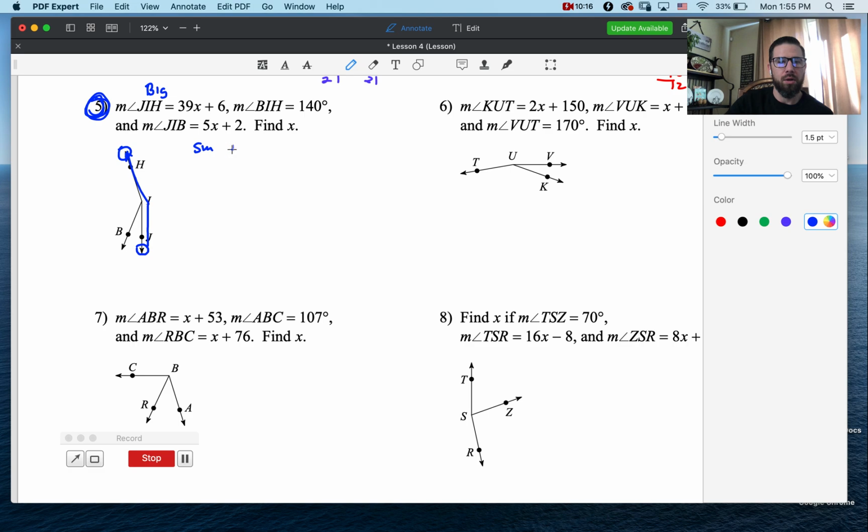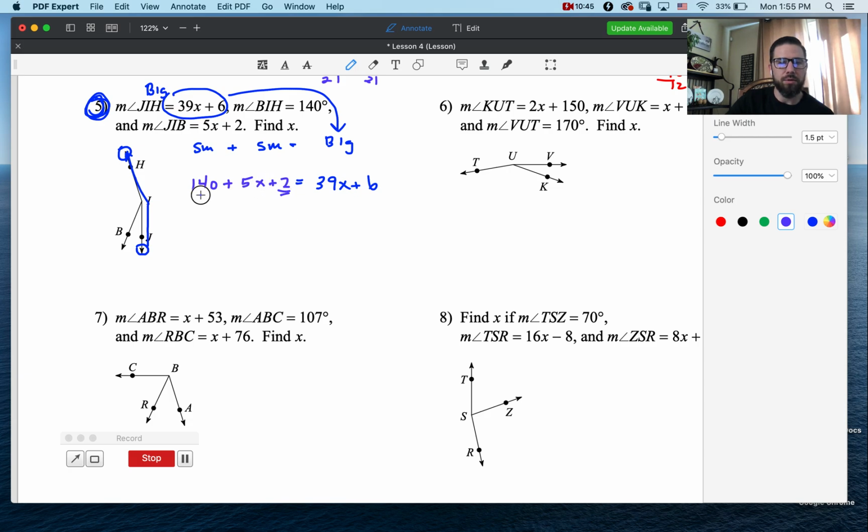Remember, we're going to go small plus small equals big. So this piece right here is going over with our big. So we're going to say, okay, 39x plus 6, which means the other two pieces of information are the small angles. So we have 140 is one piece of information, and 5x plus 2 is the other.